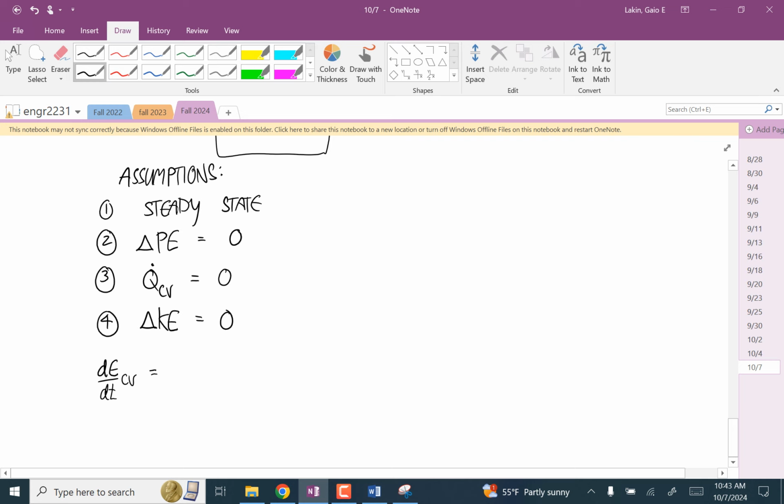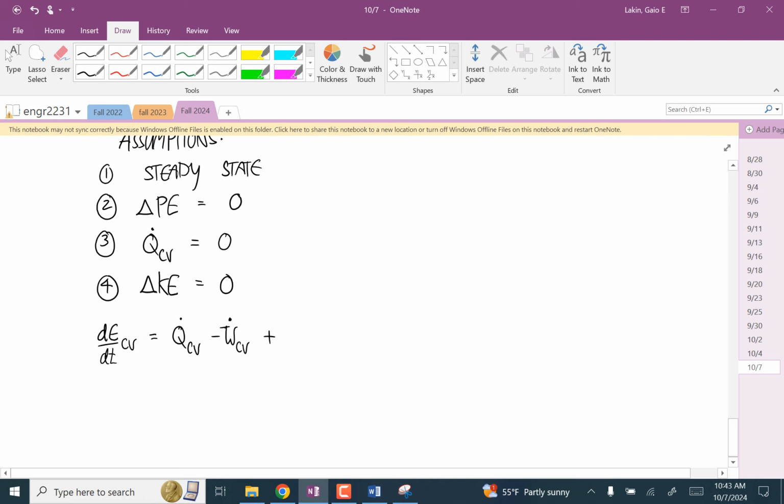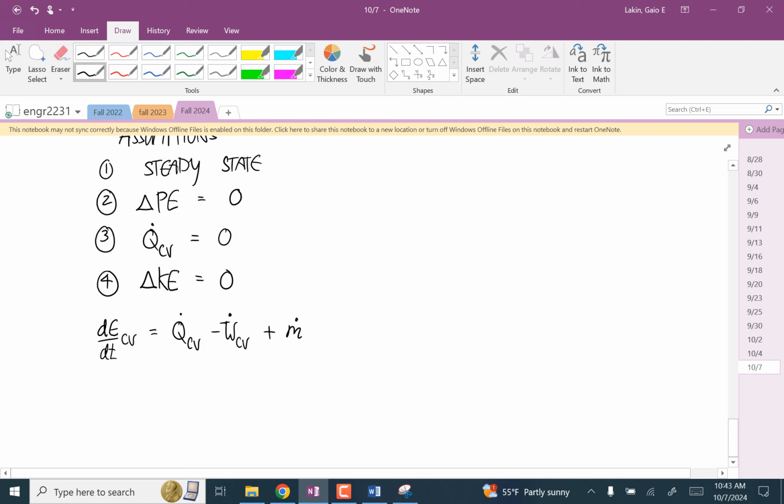So dE/dt is equal to Q dot minus W dot plus, since it's steady state, I'm just going to call these m dots right from the start, times the quantity hi plus Vi squared over 2 plus g zi, minus m dot times the quantity h exit plus V exit squared over 2 plus g ze.